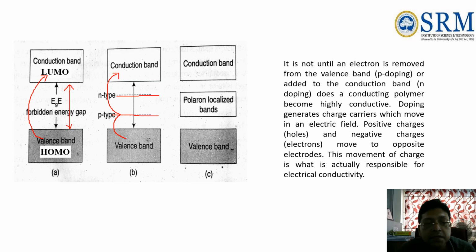So what happens in the doped polymer is that due to this doping agent, a polaron is created, and when the polaron is extended, that leads to polaron localized bands in between the valence band and conduction band, and therefore the electron can easily go to this polaron band, and from here it can go to the conduction band, and that leads to the electrical conductivity of the polymers.